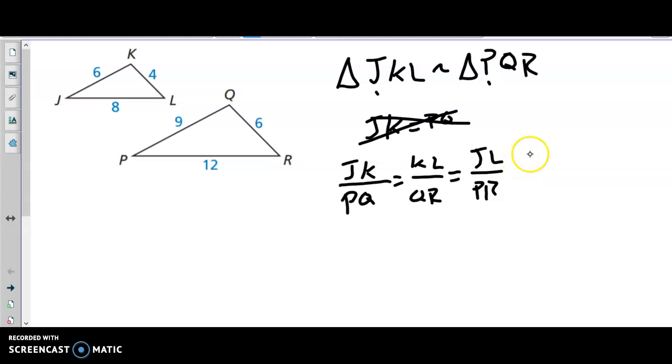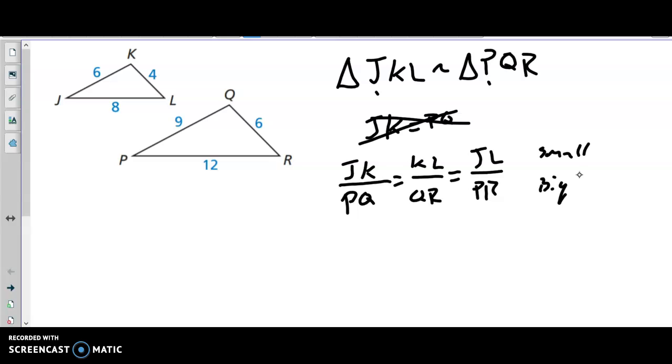Notice this is the smaller triangle on top, and this is the bigger triangle on bottom. That has nothing to do with which side it is. I just want to make sure that we always have the big triangle on the bottom and the small triangle on the top. You could flip it and always have the big triangle on top and the small triangle on the bottom. It doesn't matter which way we do it. We just want to stay consistent on which side each triangle is.